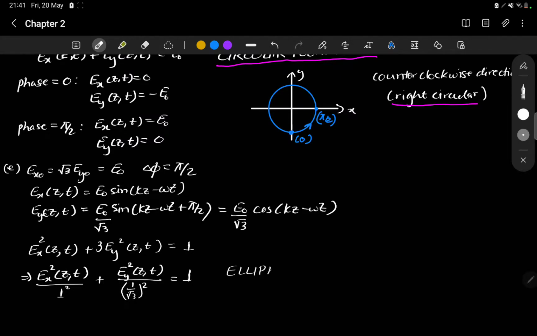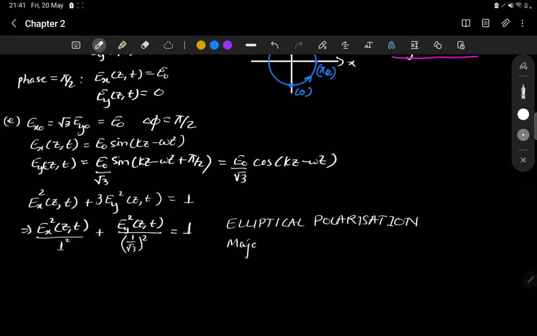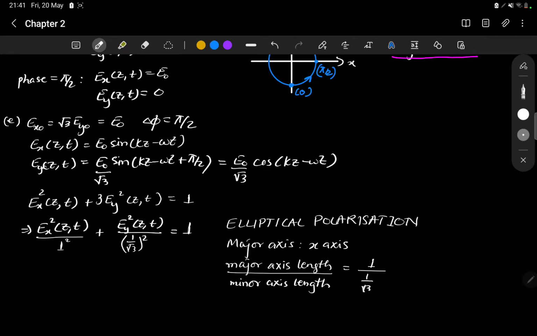So because of that, this is elliptical polarization, major axis is x-axis, and the ratio of major axis length over minor axis length is equal to 1 over 1 over root 3, which is nothing but root 3.